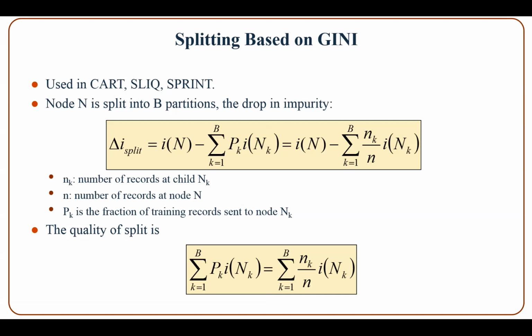When the node N is split into B partitions or subsets, the drop in impurity delta I split is equal to the impurity at node N before split minus the sum for all the partitions of pk times the impurity at children nodes nk. And pk is the fraction of training records sent to the node nk.